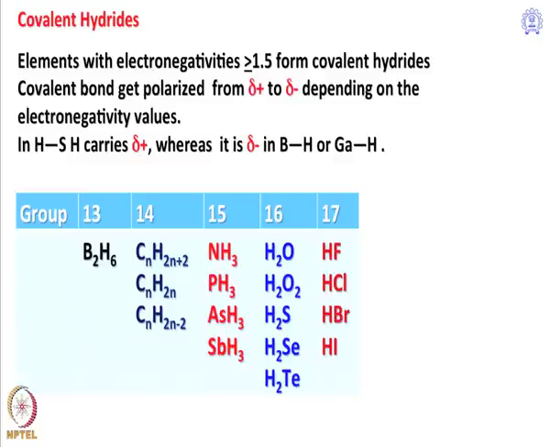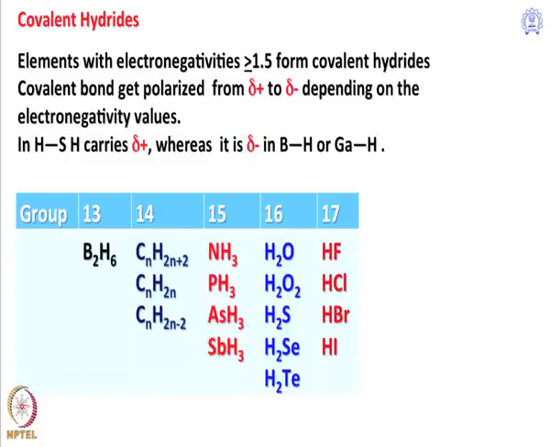And of course, in case of group 13, the simplest borane, although BH3 is there, it is unstable, it readily undergoes dimerization to form B2H6. In case of group 14, we have several types of hydrocarbons. We call them CnH2n+2 series alkanes, CnH2n series alkenes, and CnH2n-2 series alkynes.